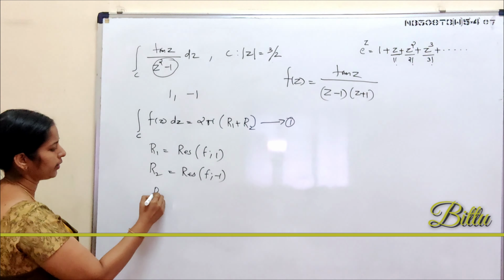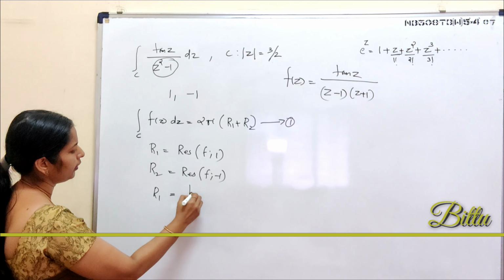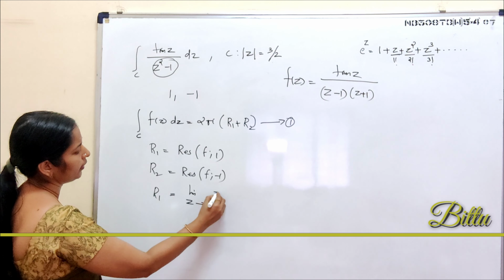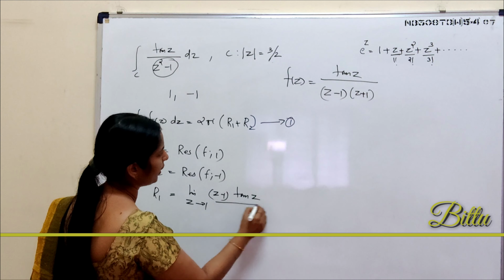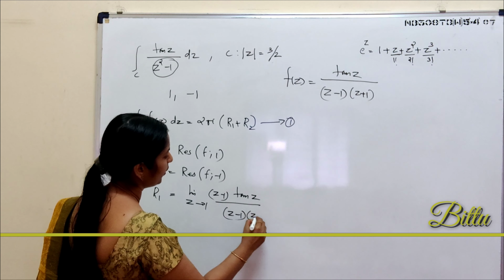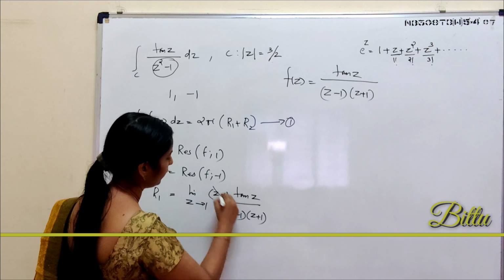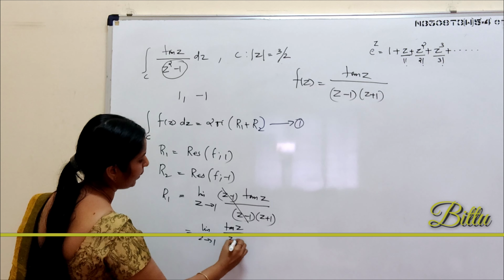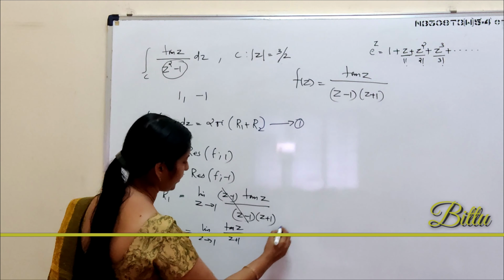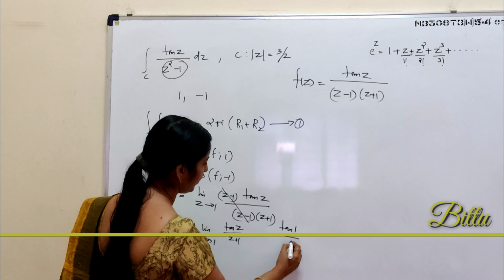Next we have to calculate R1. R1 is limit z tends to 1, z minus 1 into f z. f z is tan z by z minus 1 into z plus 1. These two terms will cancel each other. It is limit z tends to 1, tan z by z plus 1, and it is tan 1 by 2.